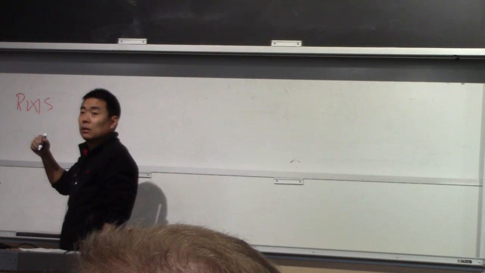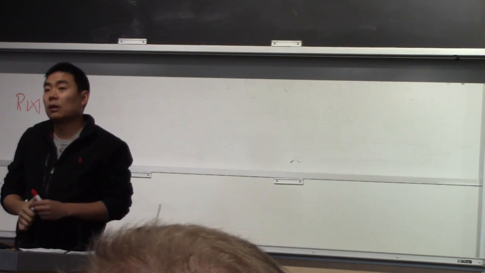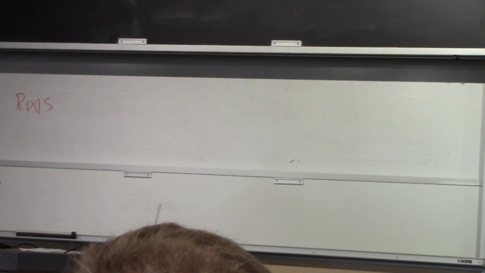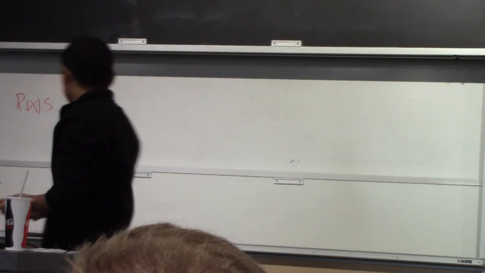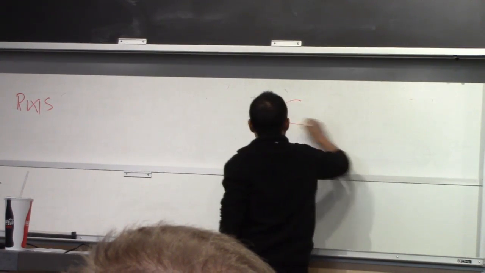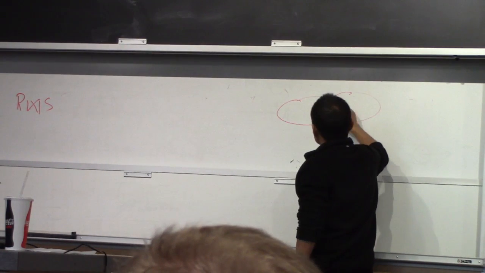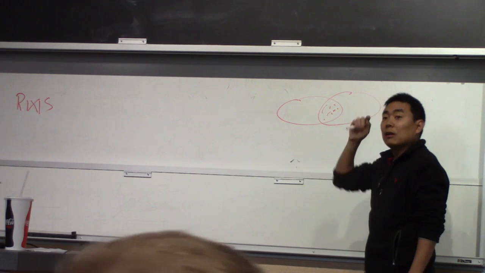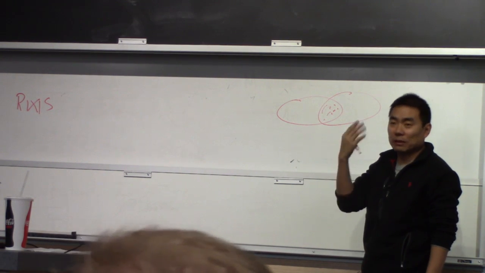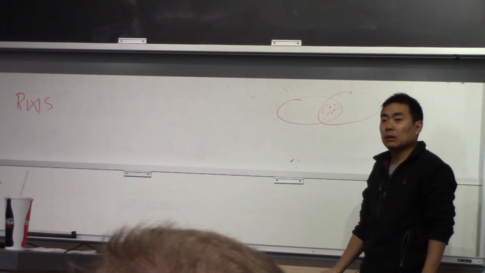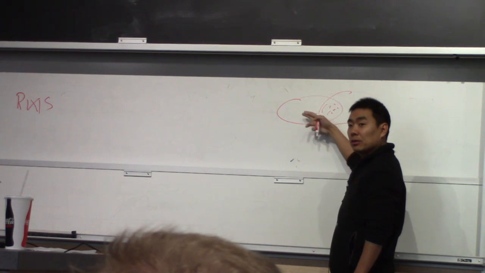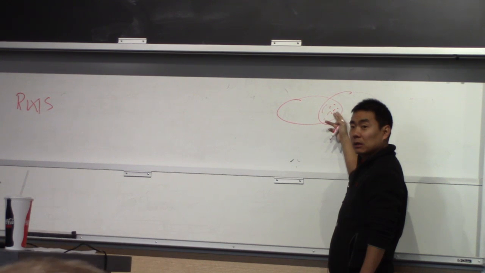Yes? Before you move on, I think what you were saying, intersection of 2 sets should not have duplicates. Why? For example, the intersection is exactly this part. Well, of course, it should not have duplicates, but that's because you have to worry about eliminating the duplicates. You are finding all the elements belonging to A and B, right?